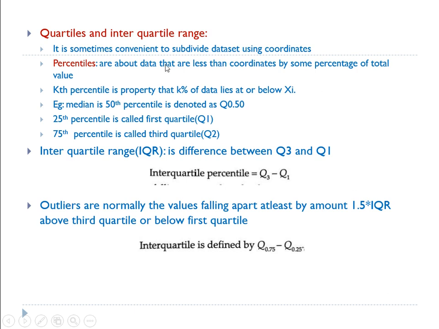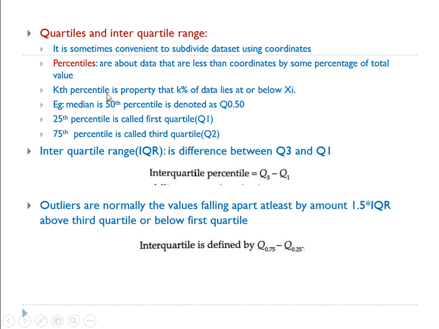Now there's one more concept, quartiles or the interquartile range. This is very convenient to subdivide the data set using the coordinates. Percentile is a very important concept here. Most of you would be familiar with this. You must know the difference between percentage and percentile, the same concept here. Percentile is all about data that are less than the coordinates by some percentage of total value.